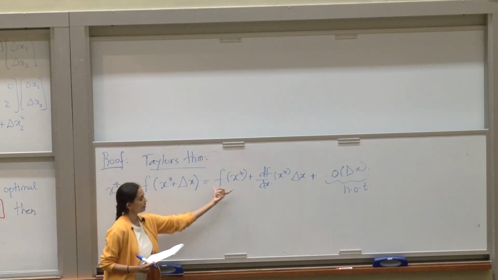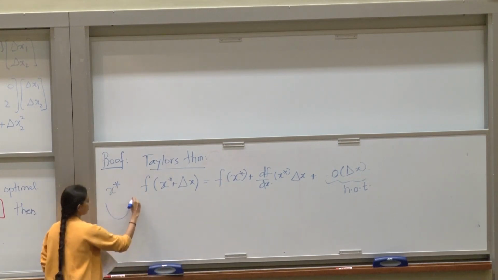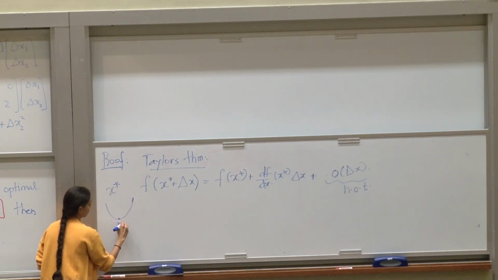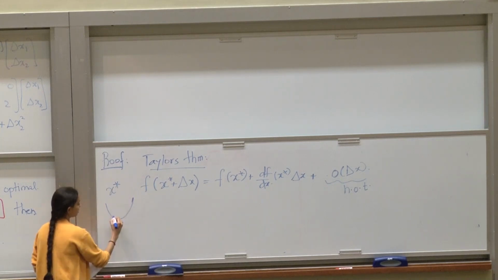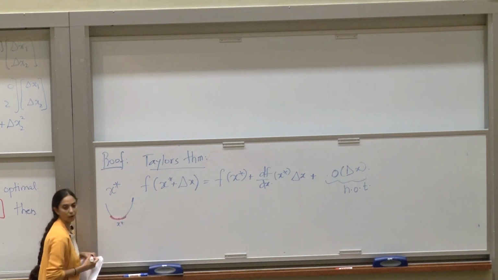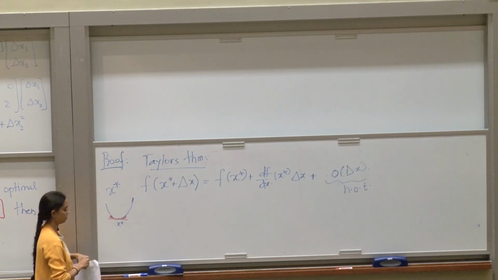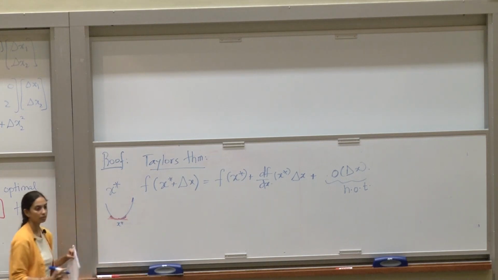So I'm expanding. I know that f of x star is a minimum. So I have this picture here, right? This is my x star. And this is allowing me to understand the behavior of the function in some neighborhood around this point. In fact, it's a linear approximation, so it's some behavior like this, right?